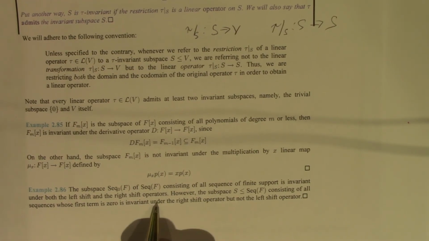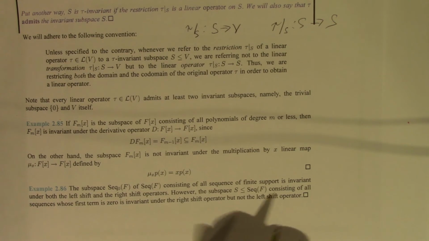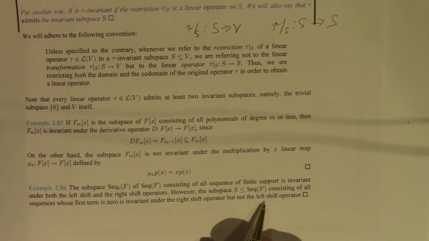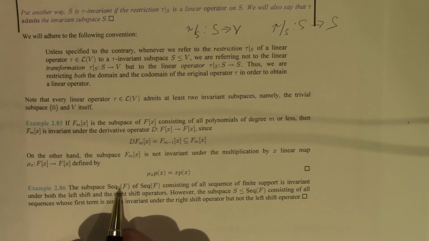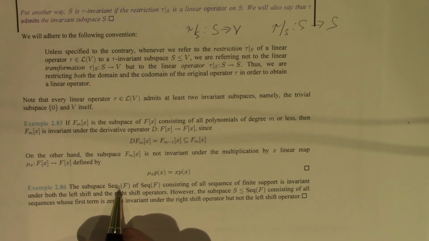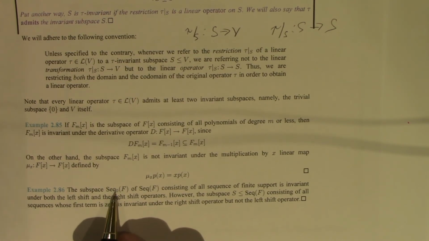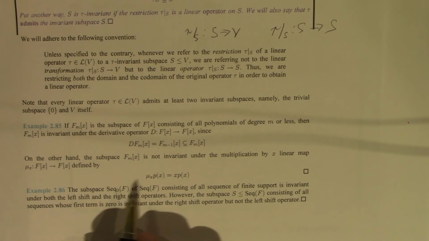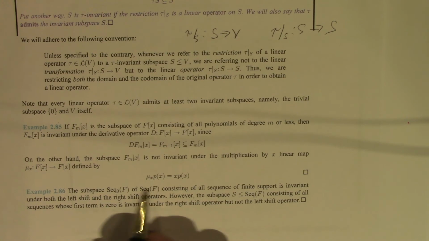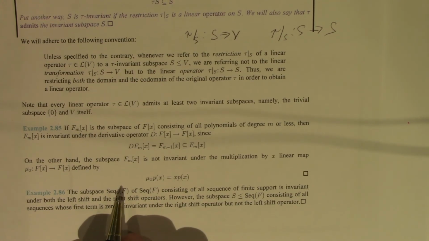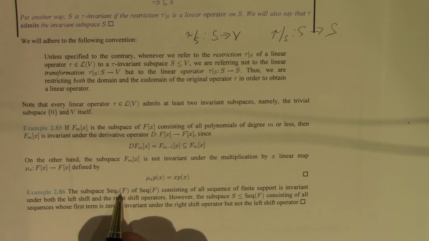So when we restrict the left shift operator to this sequence space, we get a map from this vector space to this one, but it's not a linear operator on this vector space.